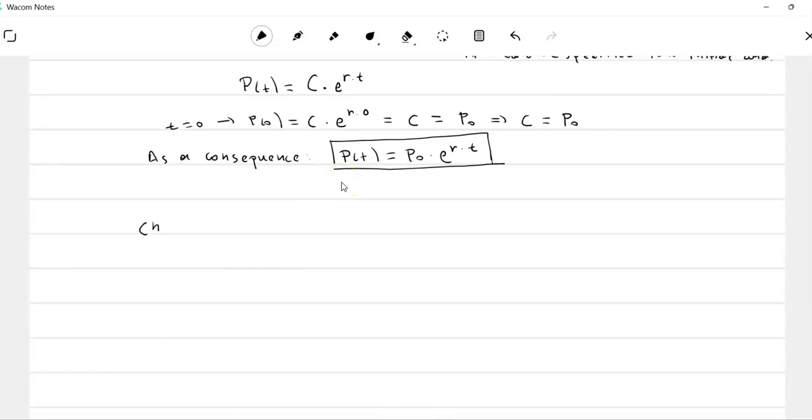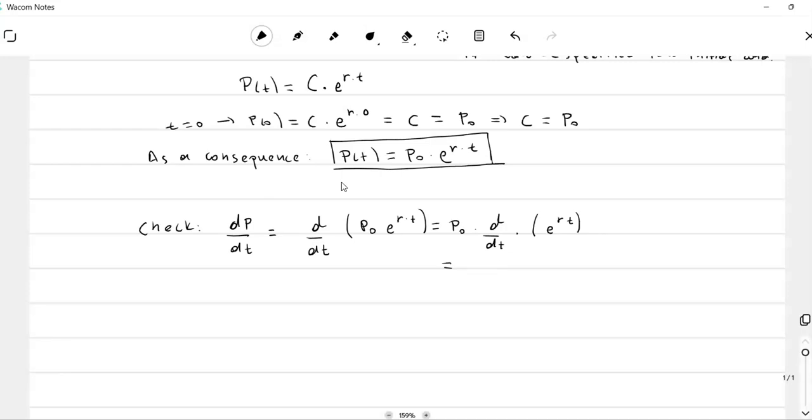I can check that, if somebody is unsure that this function is correct, you should check that this function satisfies the differential equation and the initial condition. So I take the derivative of the function with respect to time. So I differentiate. p0 is just a constant. So I have the derivative with respect to time of the exponential function.